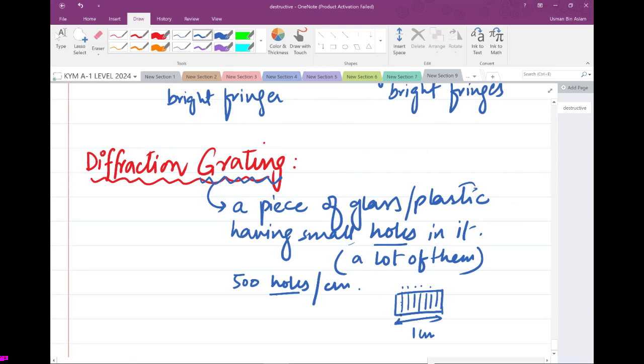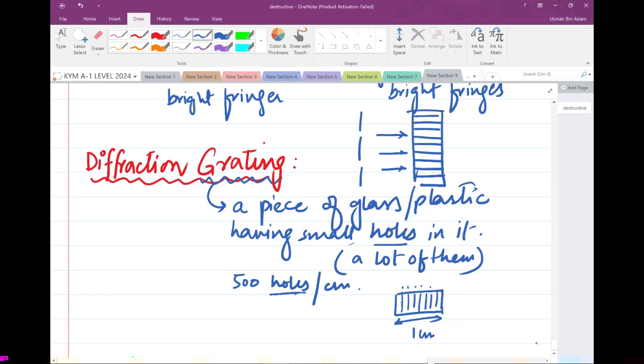The lines behave like holes. The way we discussed in the previous topic, there were two holes in the cardboard. Here, it's going to be a glass plate that looks like this, and by using a machine, we have scratched these lines on it. Each line will behave like a source of light when I shine a light source on it.